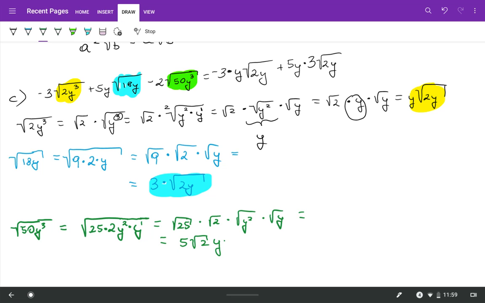And square root of y is just square root of y. So now we will end up with, let's move the numbers in front of the radical, which is 5y. You have square root of 2 times square root of y. When you multiply square roots, you put them together under the square root: 2 times y.